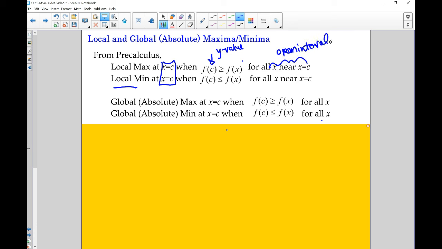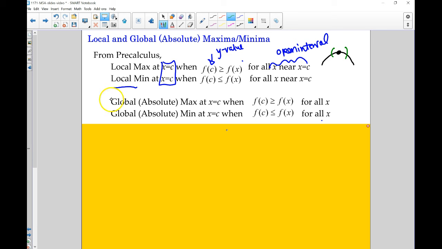Okay, so meaning that if this is our maximum, we must have function values on either side. So endpoints cannot be local maxes or mins.